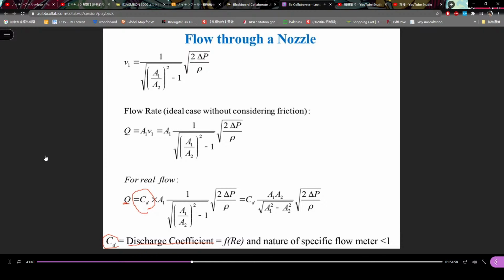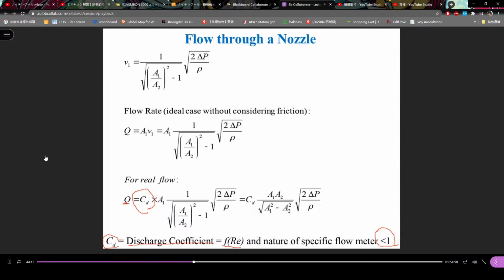If it is 1, then we neglect the friction. The flow rate will be smaller because of the friction. It's a function of Reynolds number. For most flow meters it is definitely less than 1: 0.8, 0.9, or even 0.95, depending on the accuracy and the quality of the instrument.